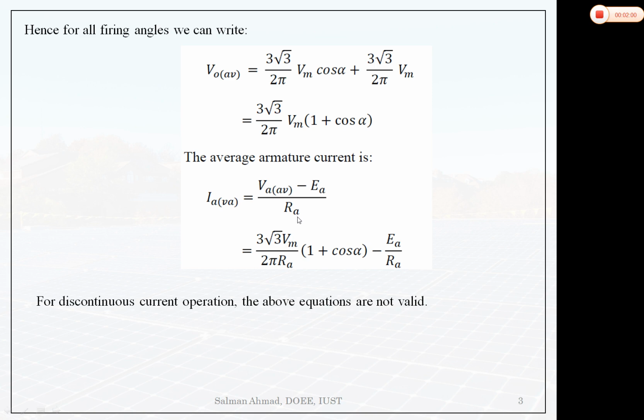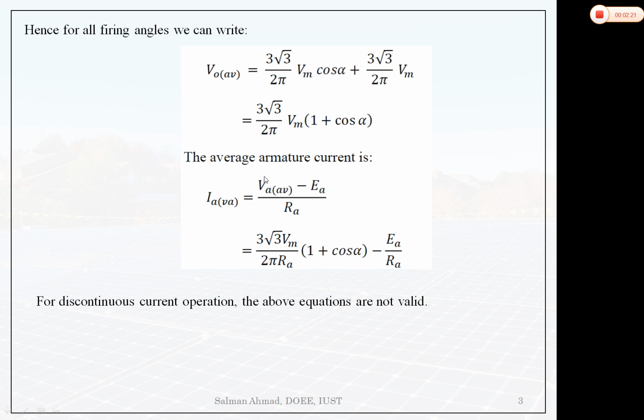The average voltage across the armature inductance will be 0. That's why we are not taking that into account. So the average current will be the armature average voltage minus the back EMF voltage divided by the armature resistance.